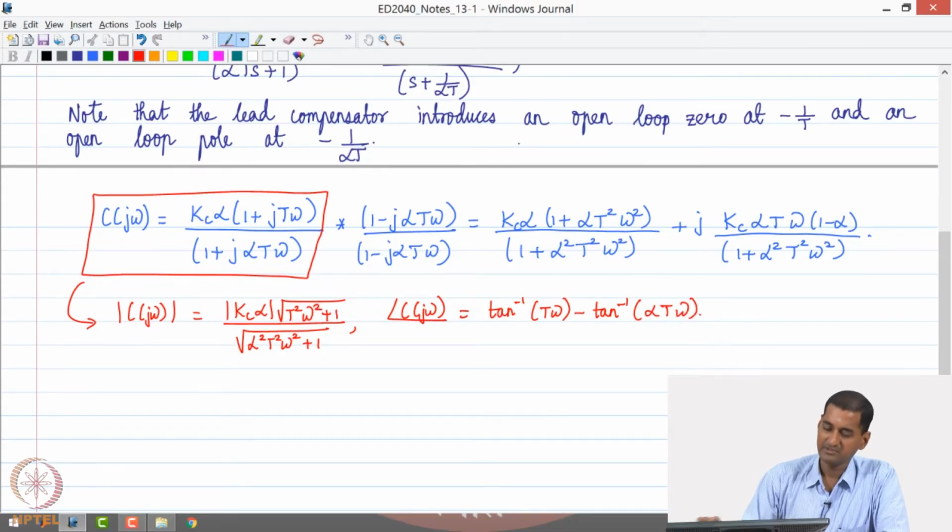That is what will happen to the phase of this transfer function C of j omega.